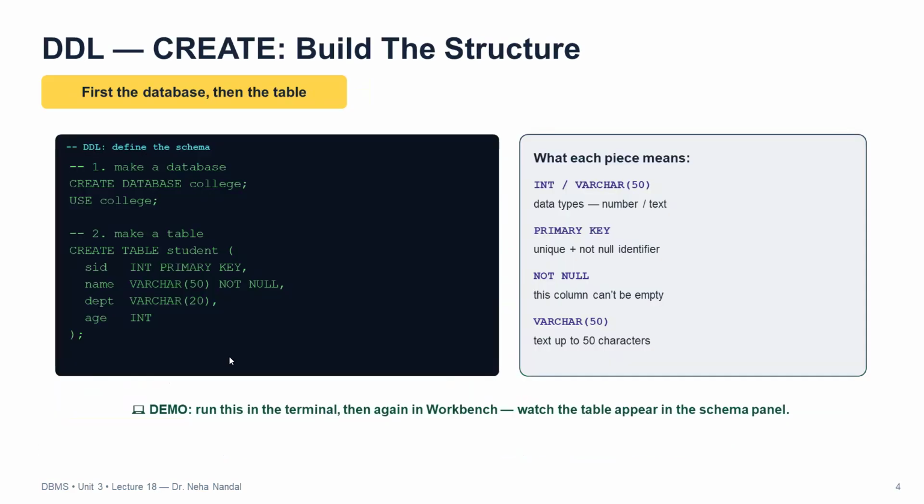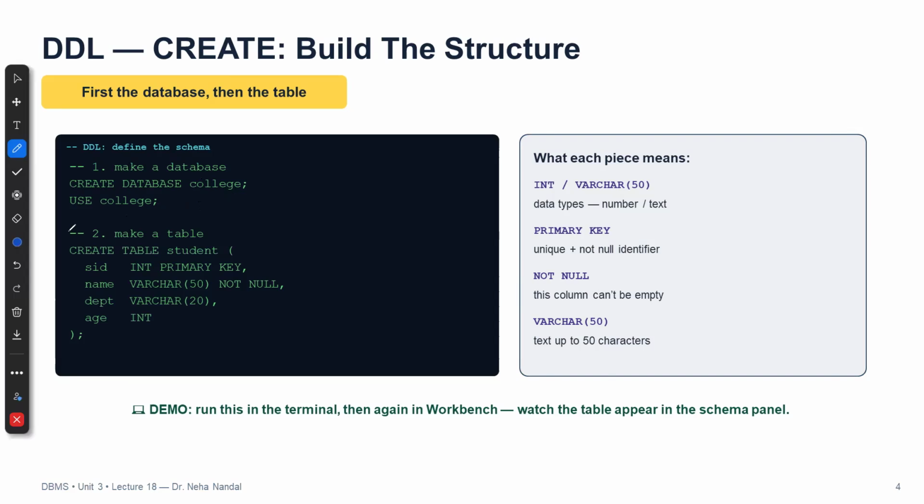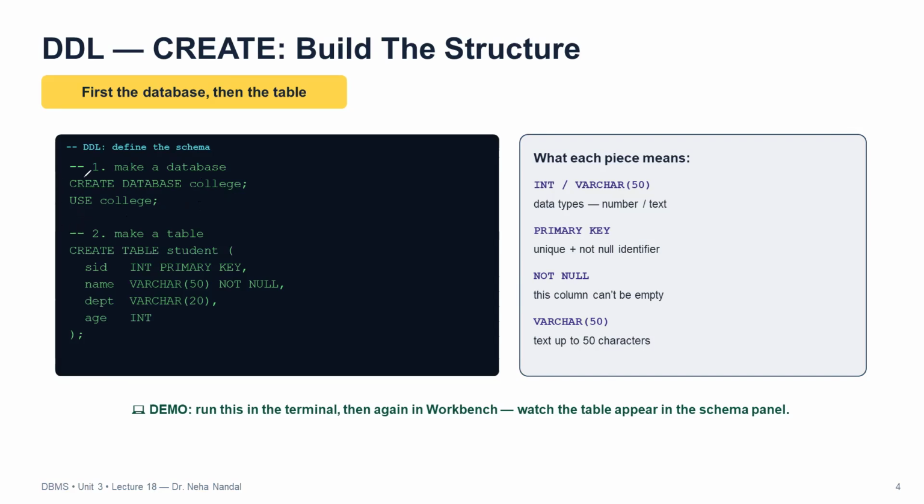So first one is about the database. First you have to create the database, and then you will create the table. So that is DDL command. How it will work in our MySQL, you have to write create database and then give the name of the database. Create database, database name. That is the meaning. Now I want to showcase some other things also, but they will come gradually in all the languages.